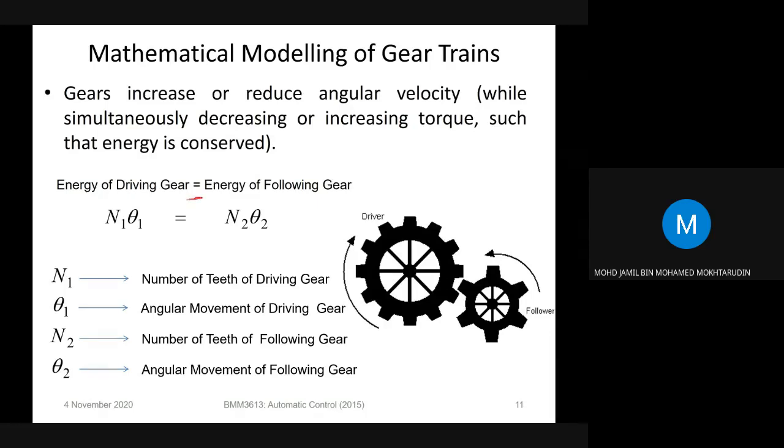So to calculate energy, basically the number of teeth times the angular displacement equals the same number of teeth times angular displacement for the follower gear. Okay, so N1 times theta 1 equals N2 times theta 2. Okay, ni derivation ni tak keluar pun, just nak tunjuk je. Okay.